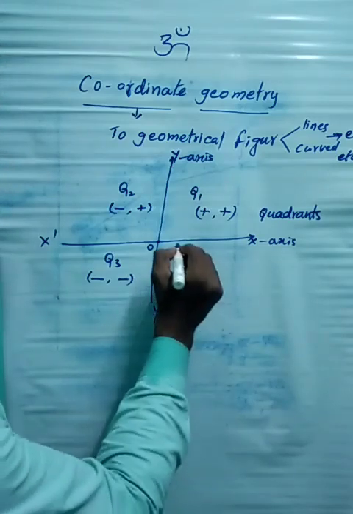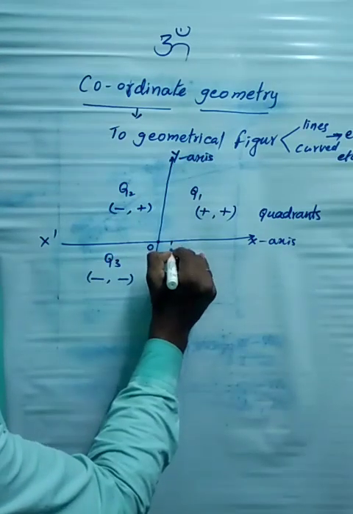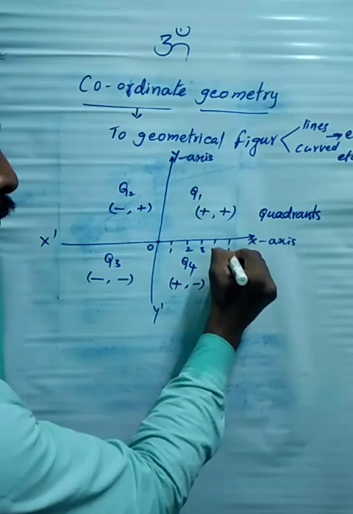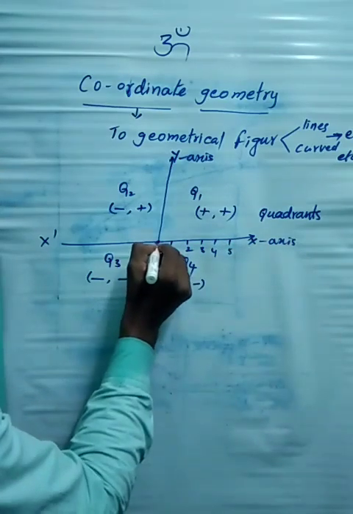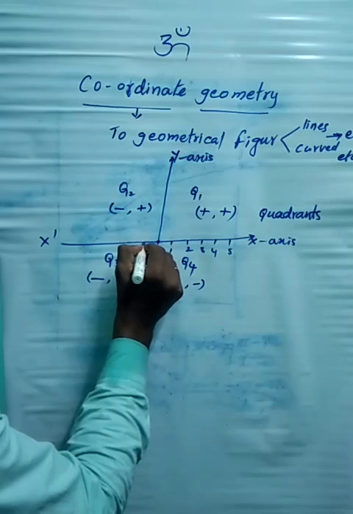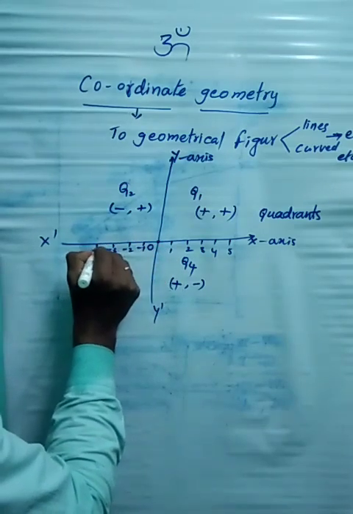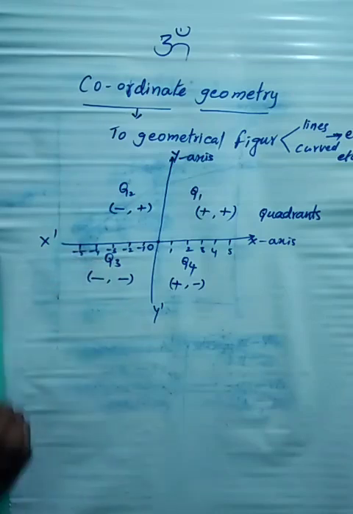How? Suppose I am taking numbers like 1, 2, 3, 4, 5 and so on. Here we go, 0, and to the left side minus 1, minus 2, minus 3, minus 4, minus 5 and so on.